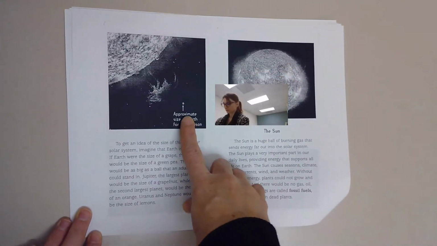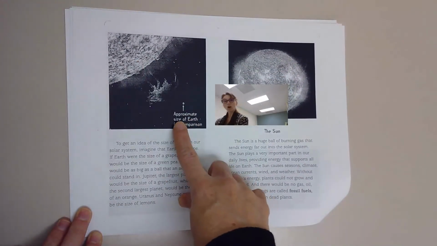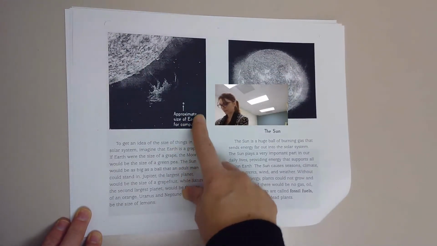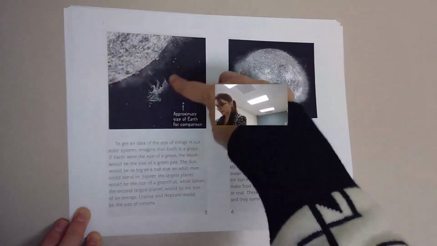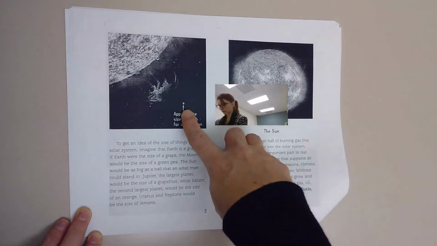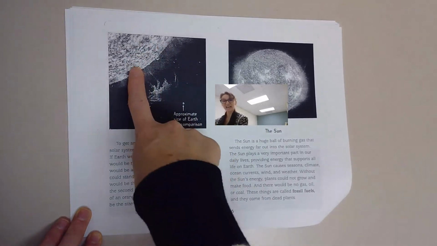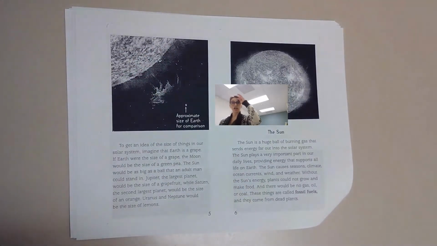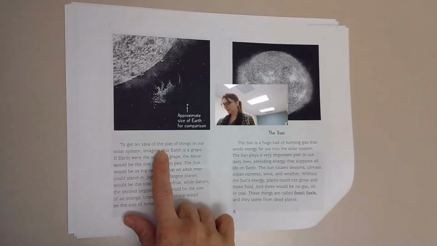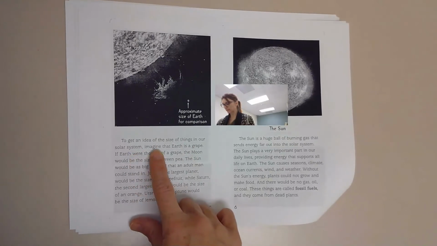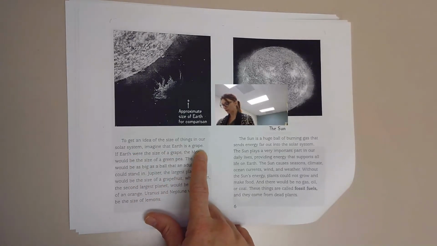Okay. So this picture shows us the approximate size of Earth for comparison. So this is our Earth, and this looks like it's the sun. So compared to the sun, we are minuscule. We're tiny. Okay? To get an idea of things in our solar system, imagine that the Earth is a grape.